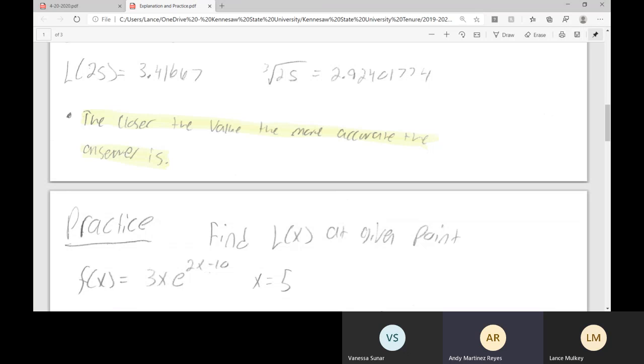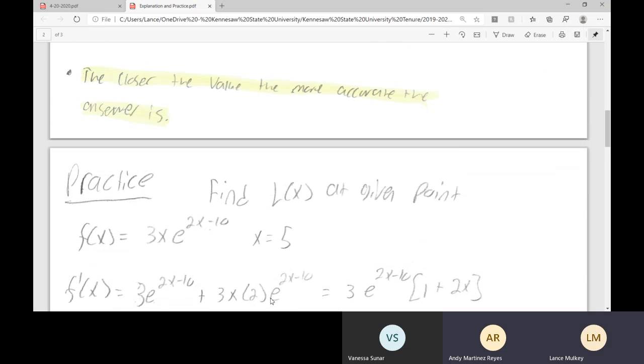So it's 3 e to the 2x minus 10 plus 6x e to the 2x minus 10 for the derivative. And then when I simplified it, I just put it out here. Vanessa, how are you doing on this one?